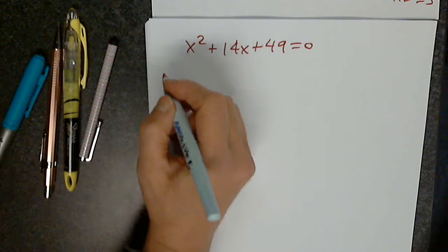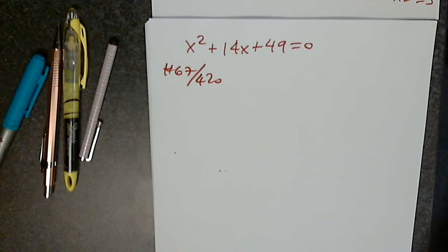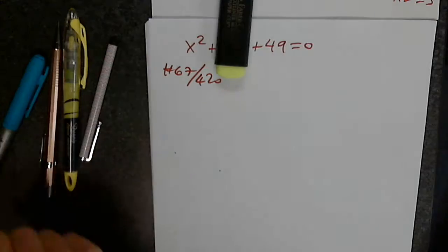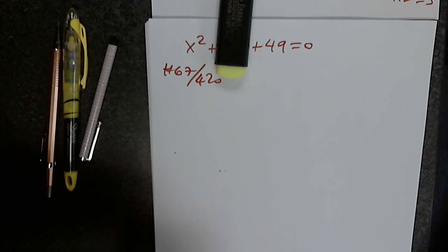And this is 67 on 420. It's a trinomial. It's in descending order. No negative leading coefficient, no greatest common factor. Special product. I always hope for a special product. Those are easy.